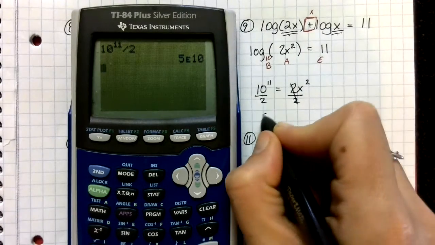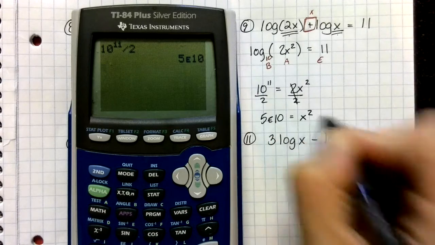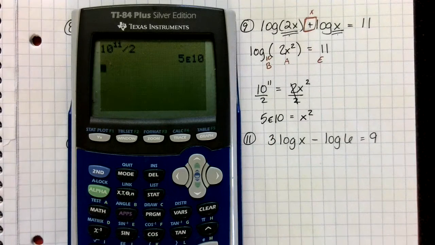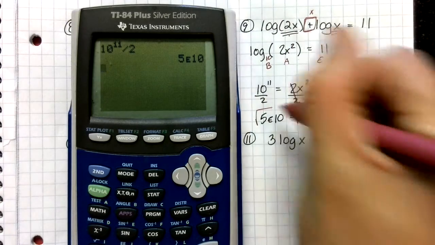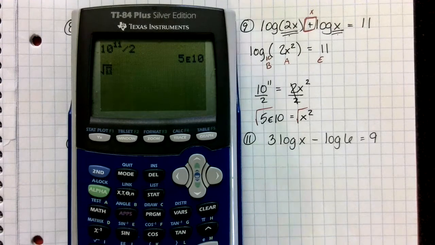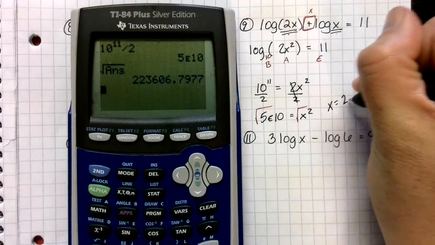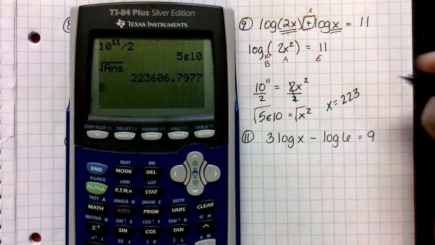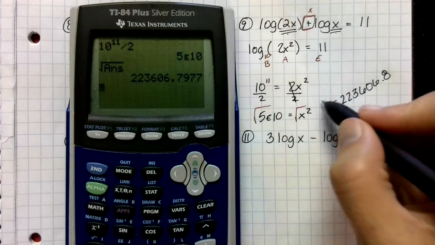So I have 5e to the 10th equals x squared. Now that e to the 10th is scientific notation. So now at this point, to get rid of the square, I have to take the square root of each side. So I'm going to do square root of my answer. So x is equal to 223,606.8.